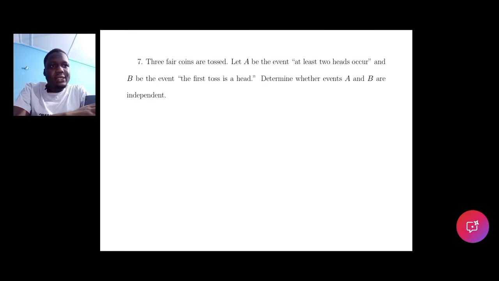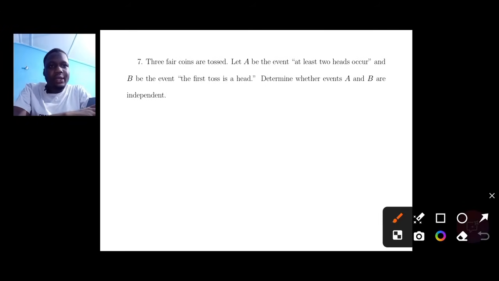3 fair coins are tossed. Let A be this event and B be this event. Determine whether events A and B are independent. A typical examination question. So for independent, what did we see?